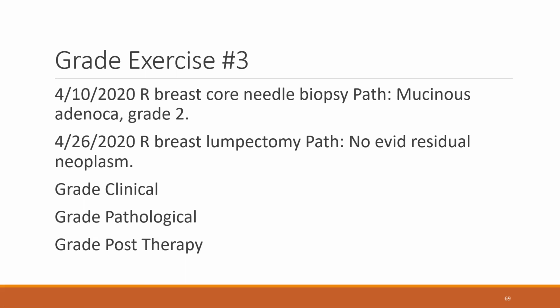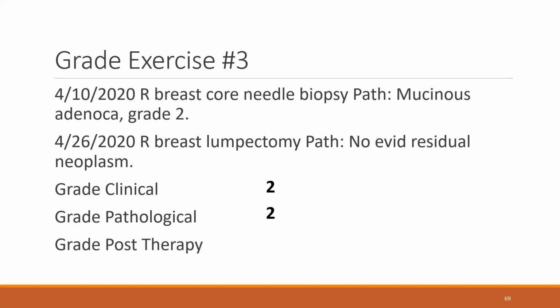Okay, so exercise 3. In this case, the biopsy was invasive, but we don't have any residual in the lumpectomy. So for grade clinical, this would be a grade 2. Grade 2 for the path.